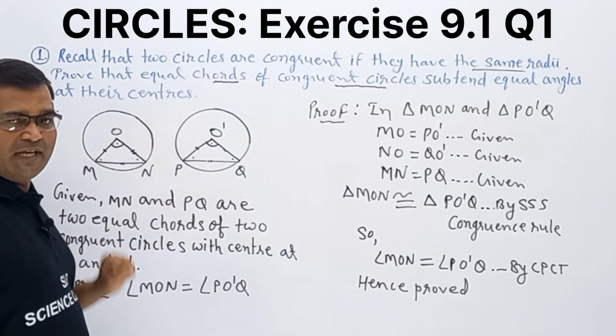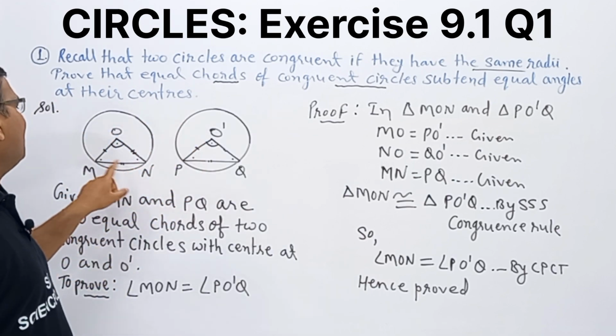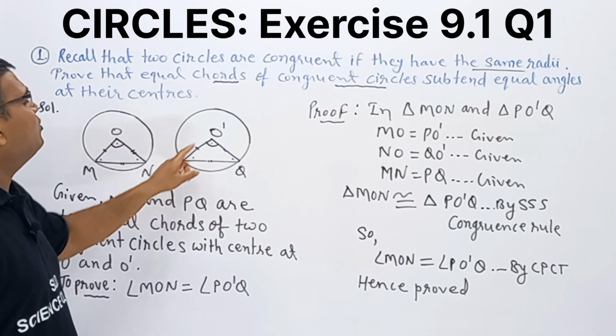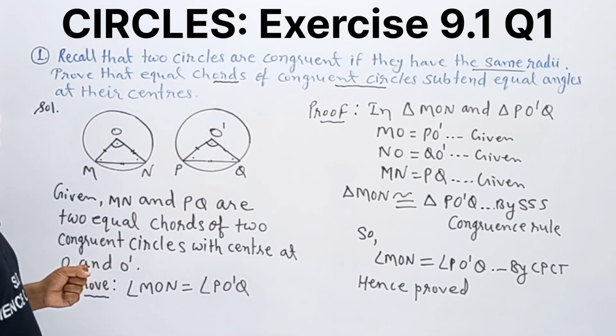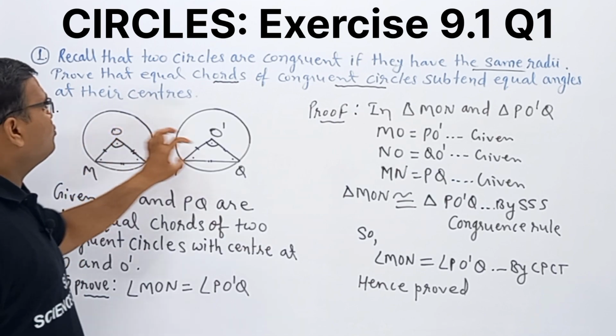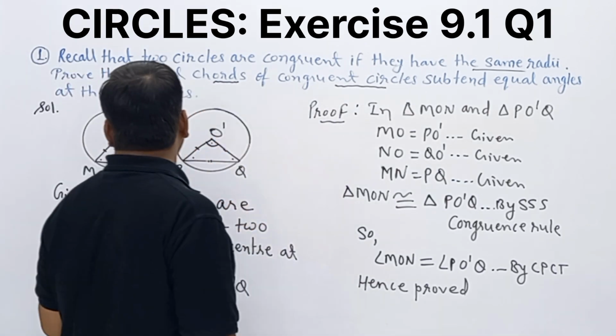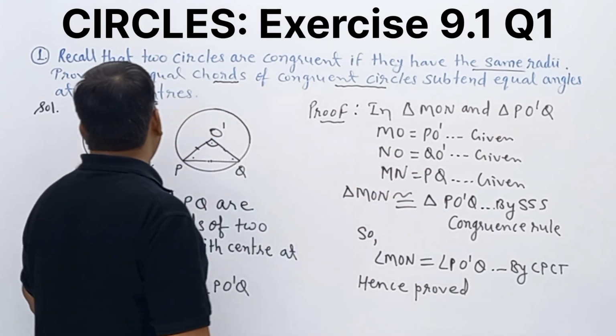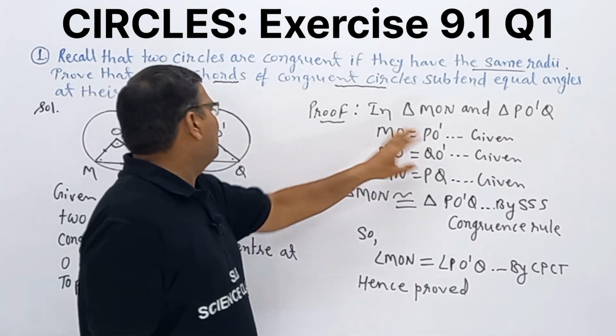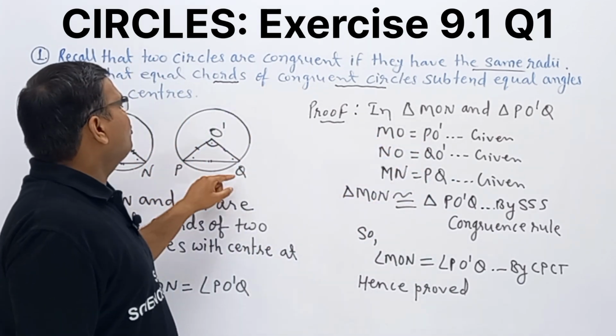MO equals NO equals PO dash equals QO dash. In the two triangles, MN equals PQ, MO equals PO dash and NO equals QO dash.